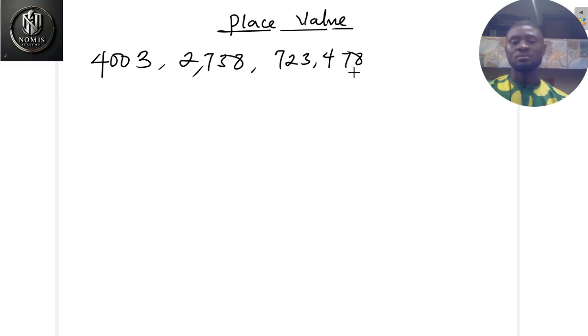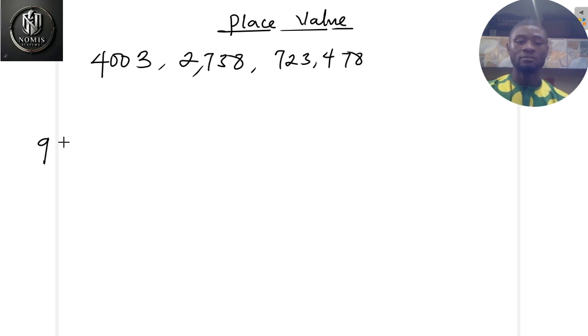So let's see, in a number, what are the place values? What is the value of the place that a digit takes in a number? Let's take one example to explain everything.